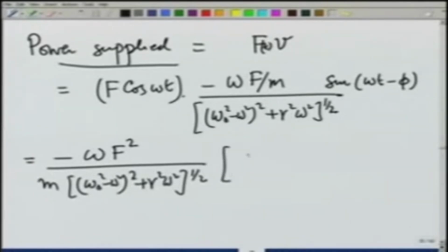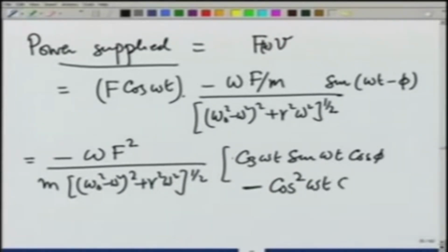Open this up, you get cosine omega t sine omega t cosine phi minus cosine square omega t sine of phi.